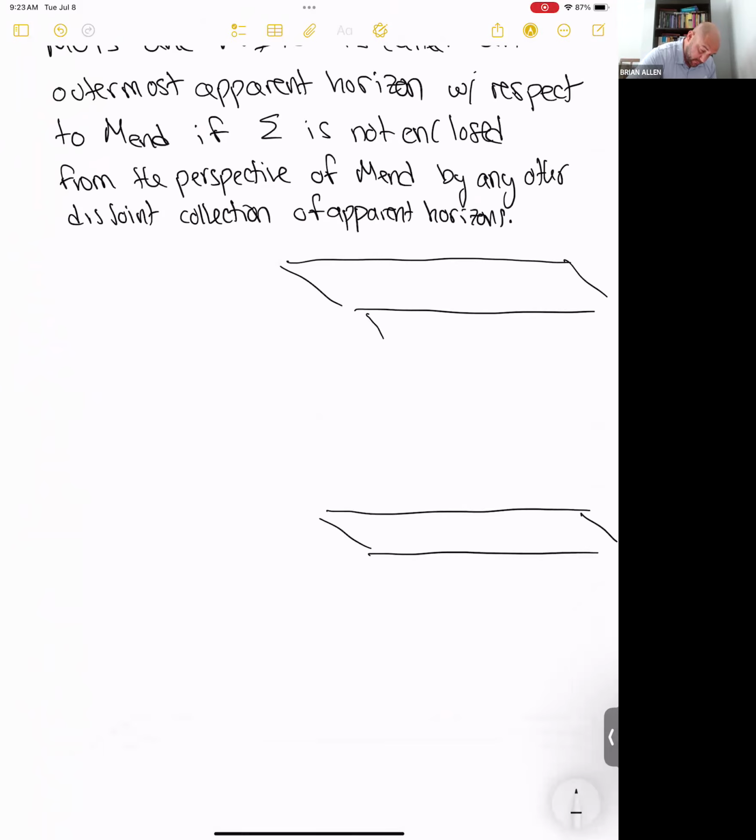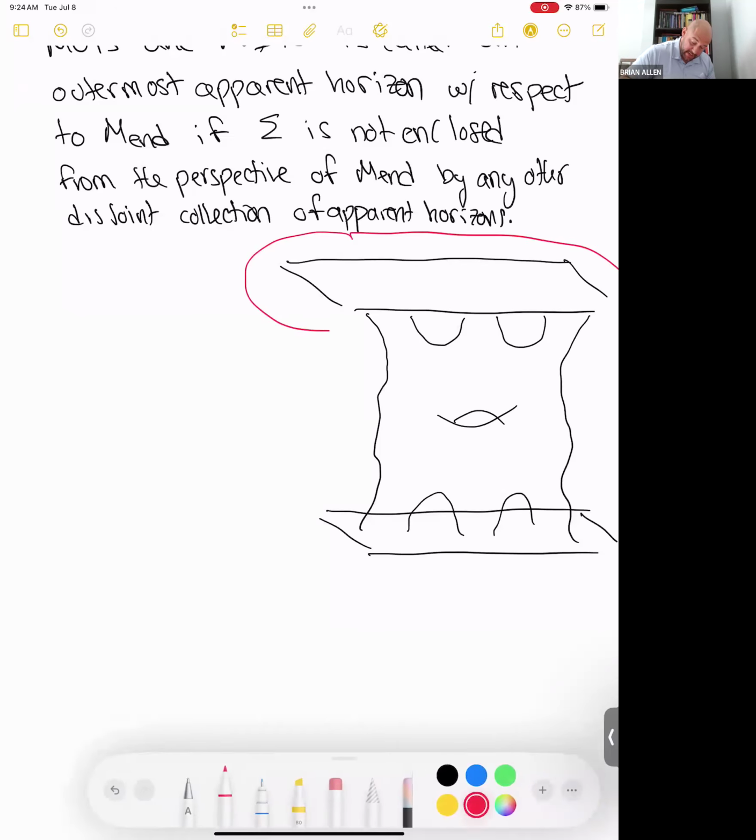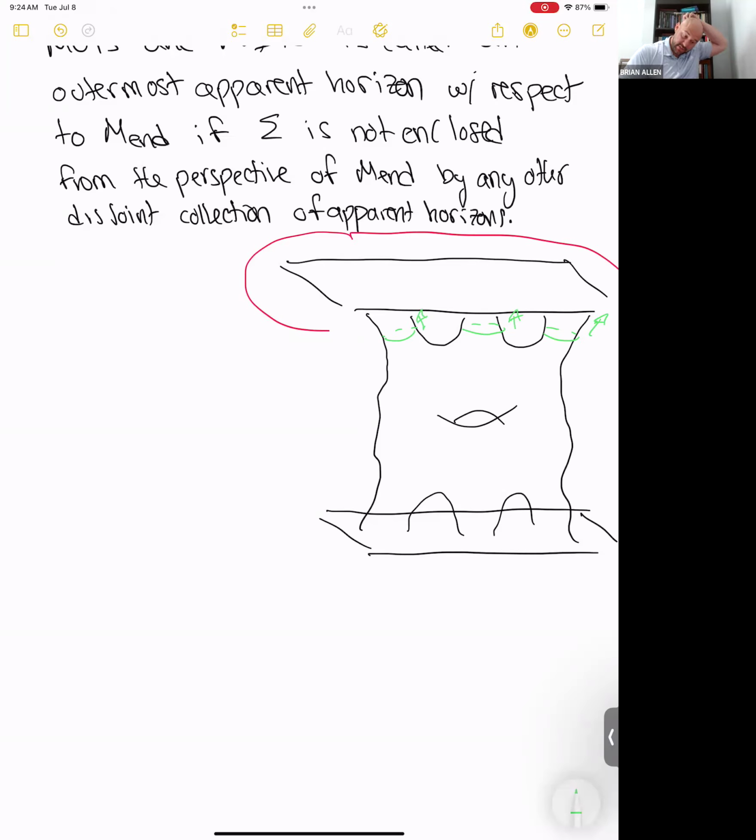And maybe something like this, and then you pick your favorite end, maybe this one, and then you might need three of these guys. But the point is that when you look outside from these guys now, there will not be any other disjoint collection of MOTS and MITS that separates the green from the infinite end.